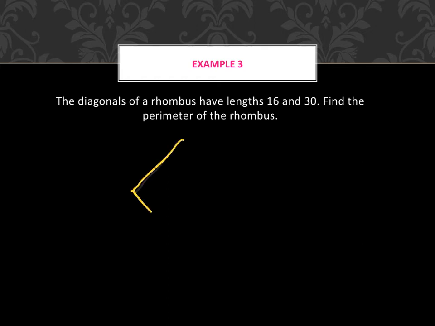So here is my rhombus. Now, some of the properties that you haven't learned yet: for a rhombus, all sides are congruent. Another property of a rhombus is that the diagonals bisect each other.